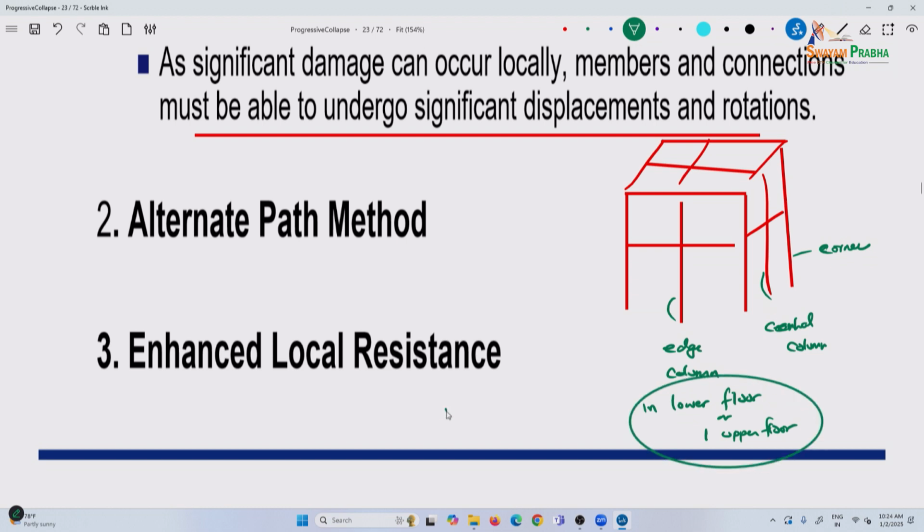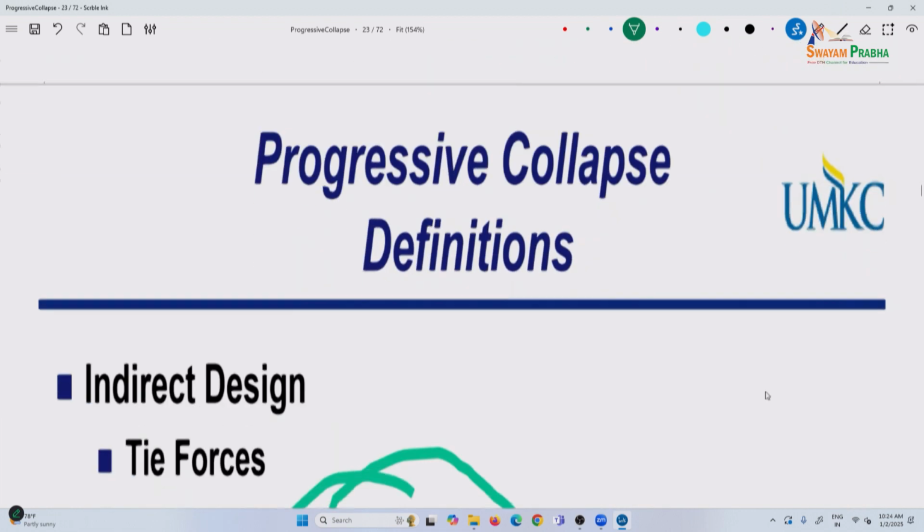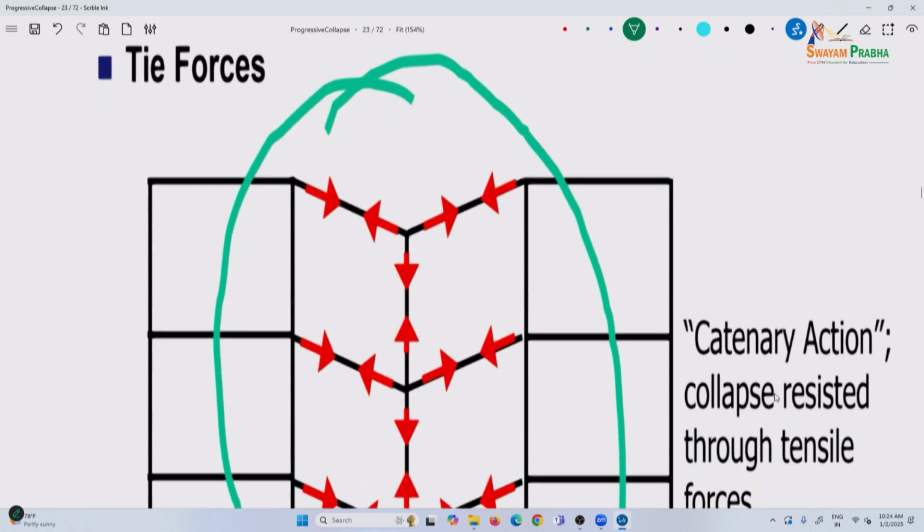Then you perform multiple analyses, and then we will consider what is known as the demand capacity ratio.